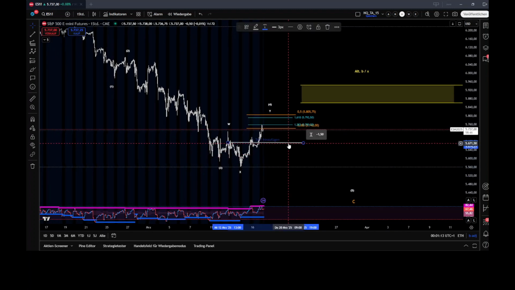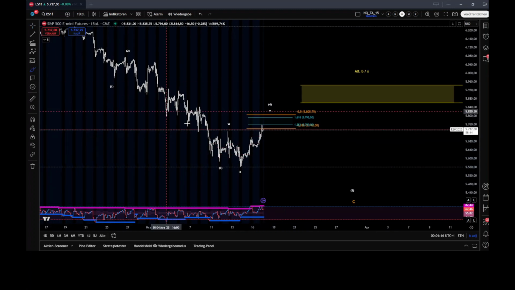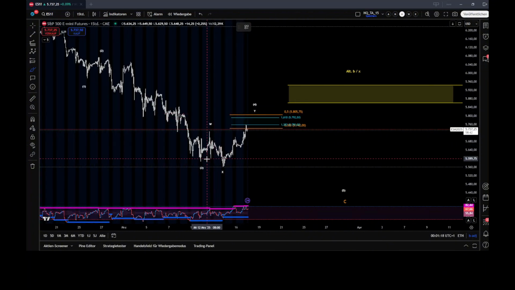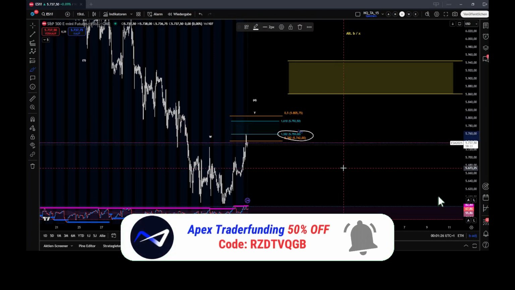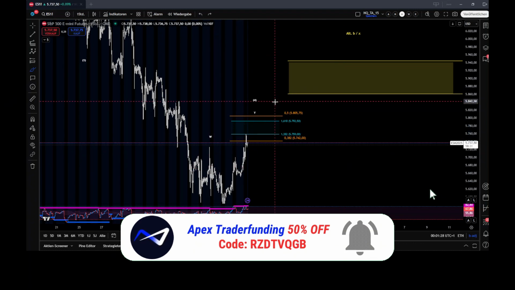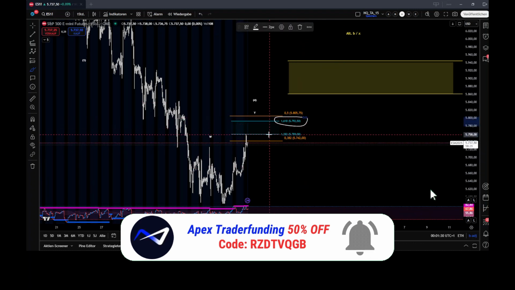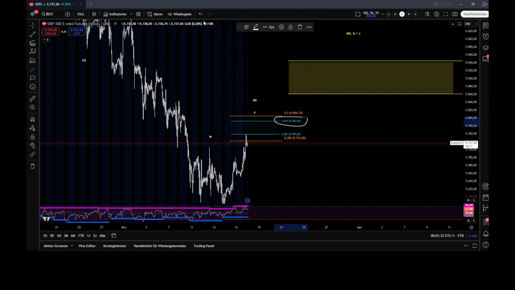Right now, when I measure the length of the Y wave, I want to minimally reach the 1.382, which we got hit here directly on the nose at 5,759. Next target above is the 1.618 extension at 5,792, and we exceeded already the 38.2 retracement level.